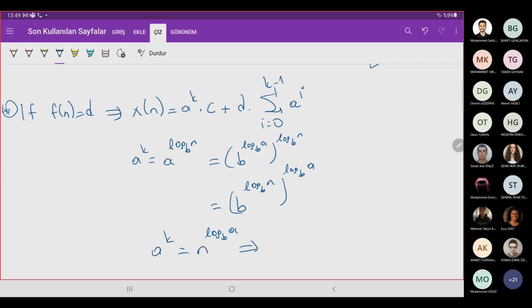So that means that x_n is equal to n to the power log_b a times c plus d times n to the power log_b a minus 1 over a minus 1.